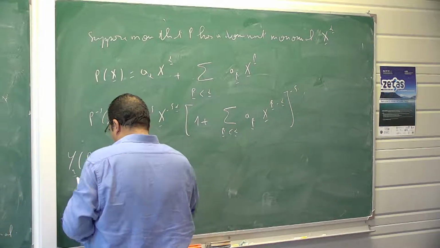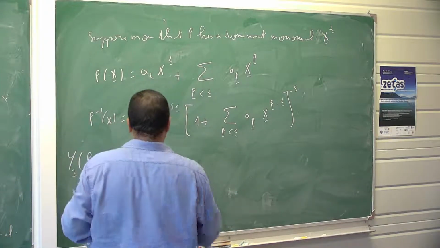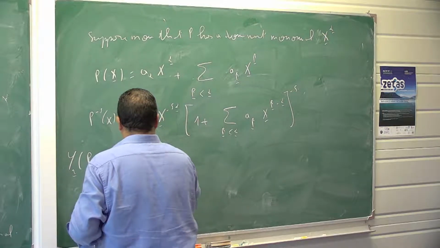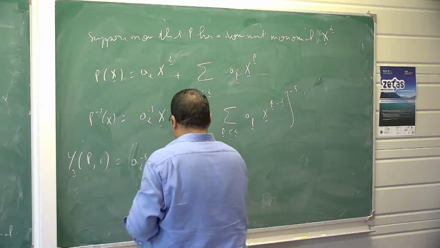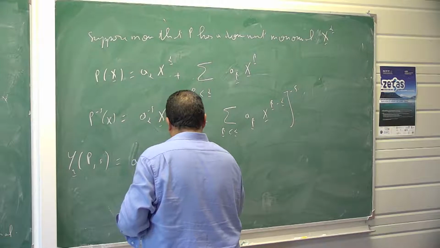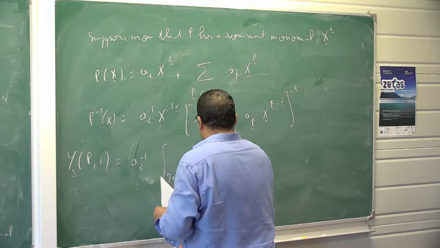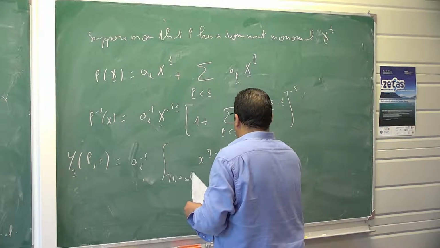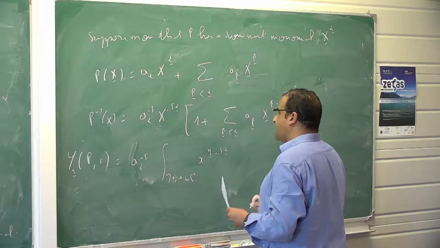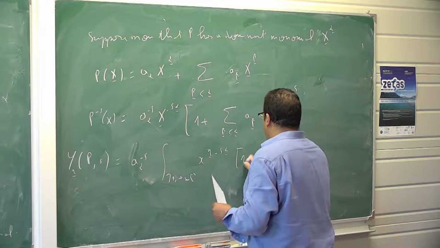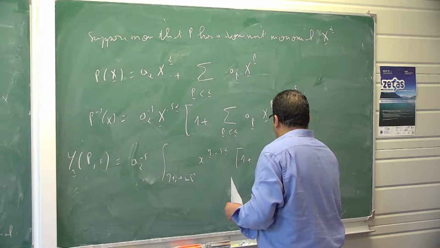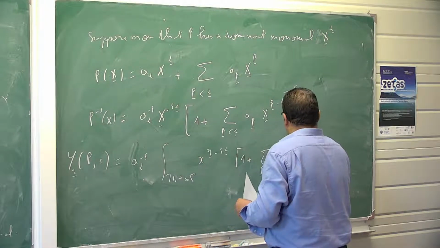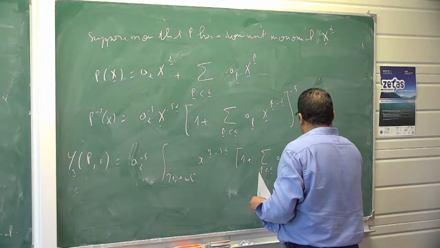So this is equal to E alpha minus S, the integral from 1 to infinity of x eta minus S alpha, and 1 plus the sum over beta less than alpha of E beta x to the power beta minus alpha.